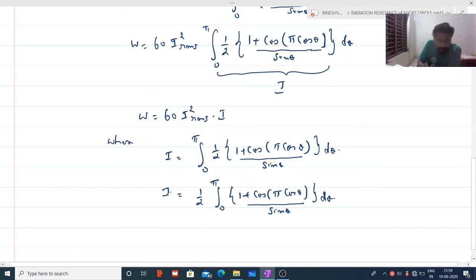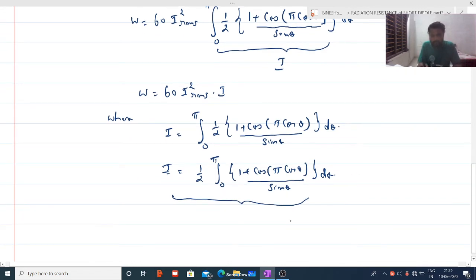This term is an integral of a special type, and it is quite involved and can be calculated using the analytical method. I will write the values directly, and there is no need to calculate this here. If you want, I will derive it and give it to you, but it is not important for this session because the derivation will be lengthy.